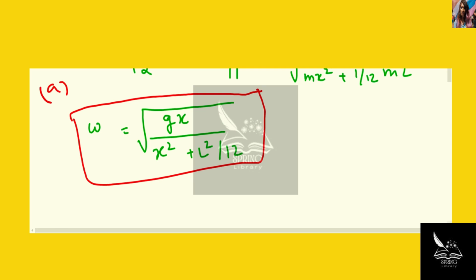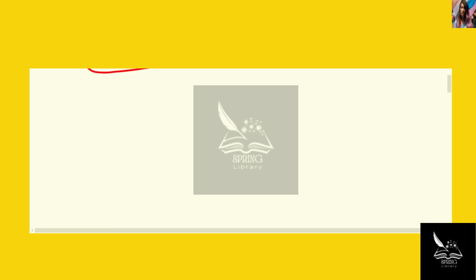Now we move on to the B part of it. The maximum omega, that is omega max, as x varies, occurs when d omega upon dx equal to 0.